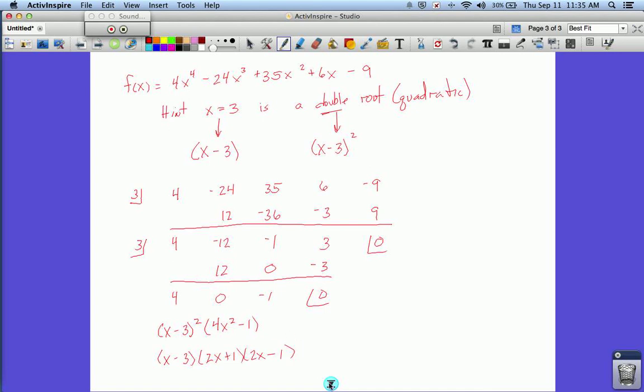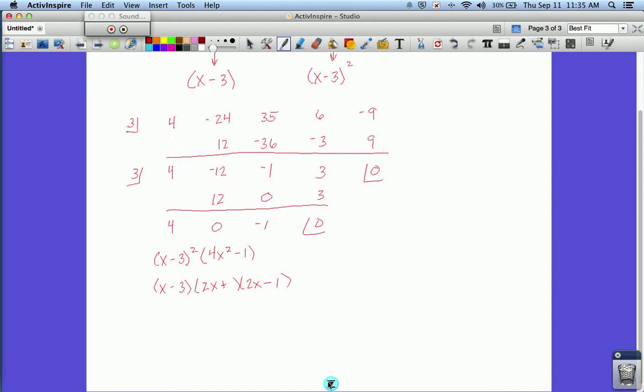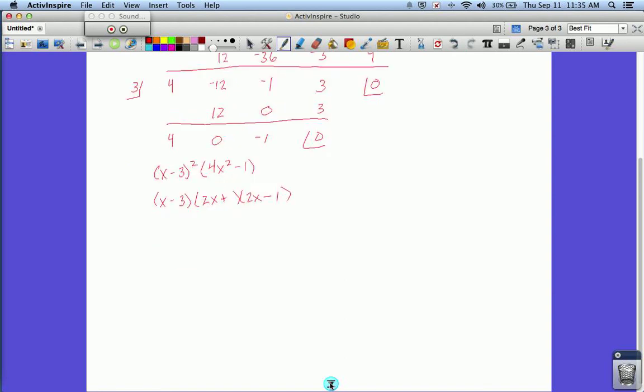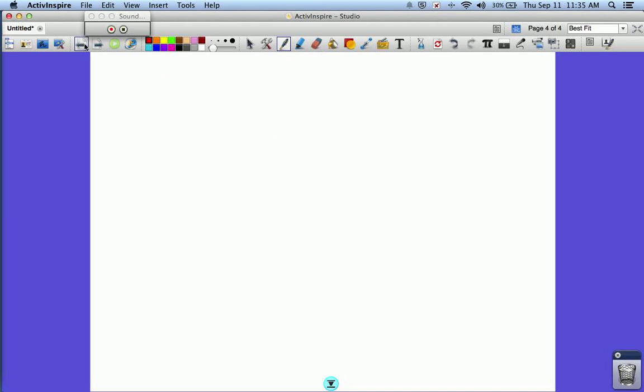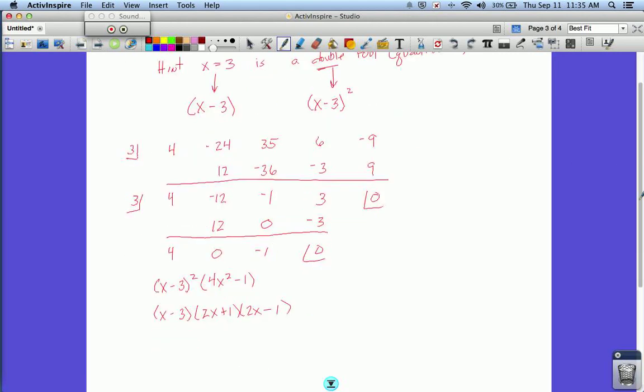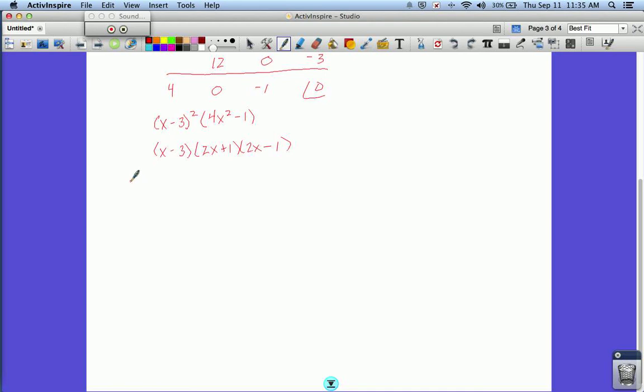So now I can sketch a graph. Some stuff disappeared here, and let me bring that back. We know x equals 3 is a double root. We also have negative 1/2 and positive 1/2.